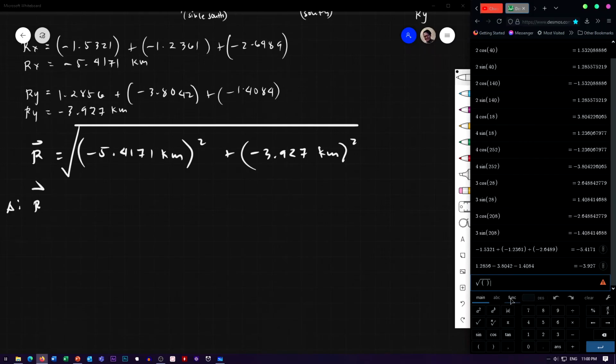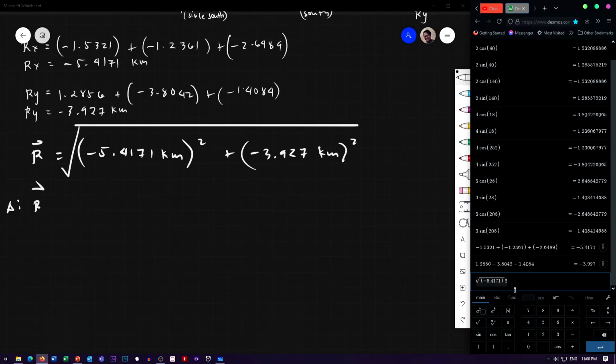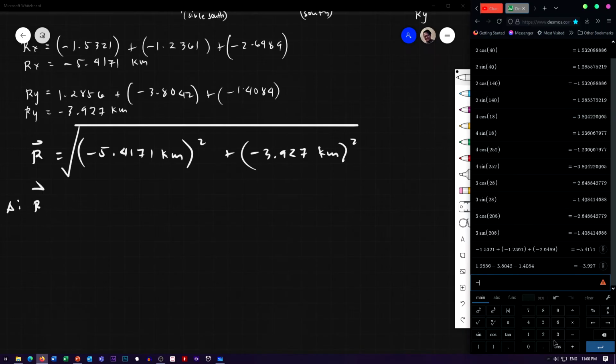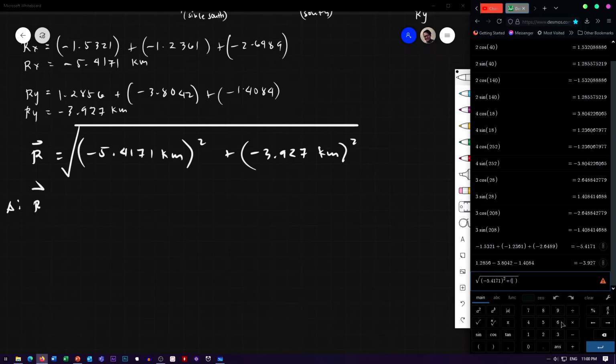We place negative 5.4171 to be squared, then plus parenthesis again, negative 3.927, which is also to be squared.